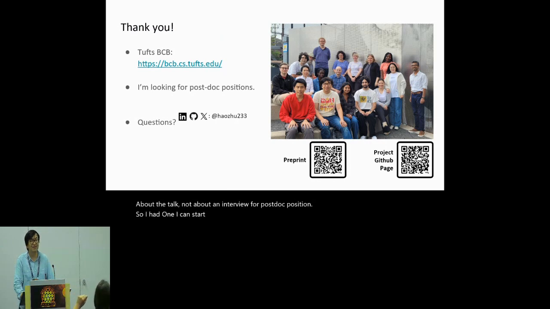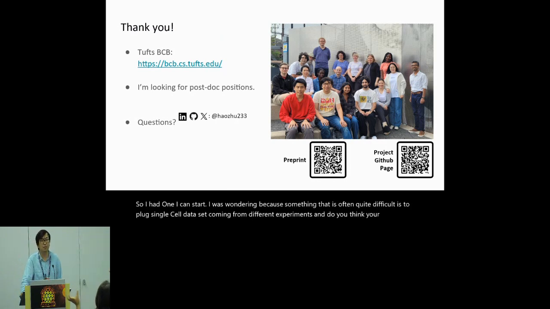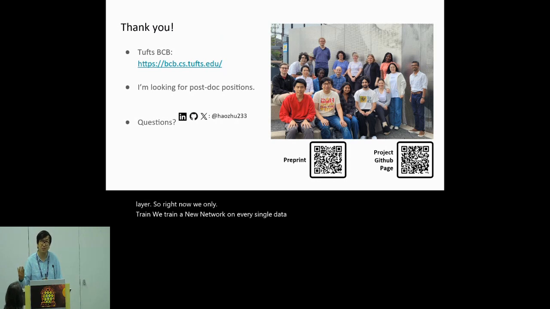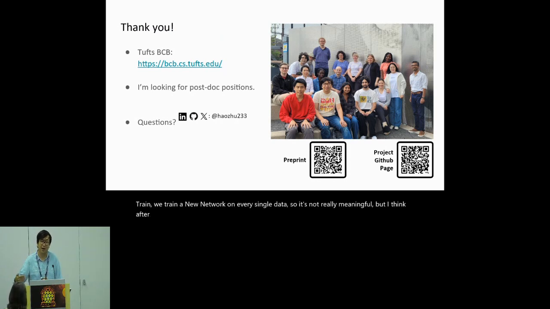I was wondering, because something that is often quite difficult is to plug in single-cell data sets coming from different experiments. Do you think in your architecture you could plug in different latent spaces at some point? Yes. In this case, we have two kinds of latent space, or trained embeddings. First of all, in the network, you probably noticed that we have a gene embedding layer. Right now, we train a new network on every single data set, so it's not really meaningful, but I think after we train again, maybe we can generate a more representative representation for each gene.